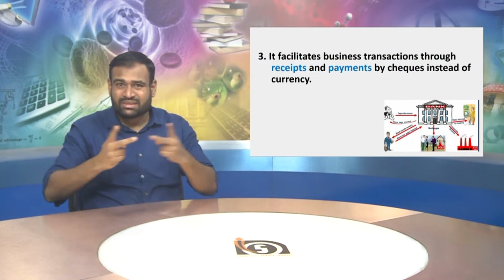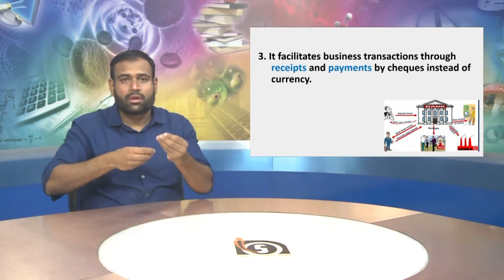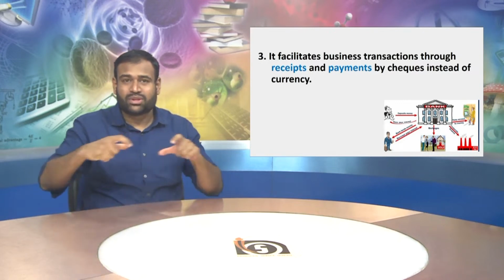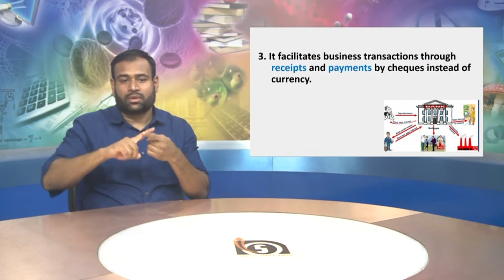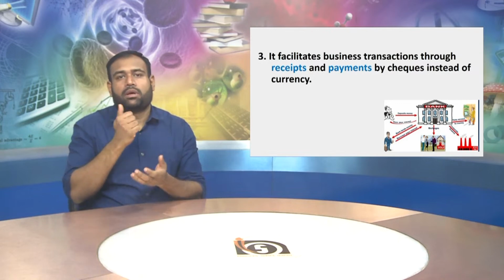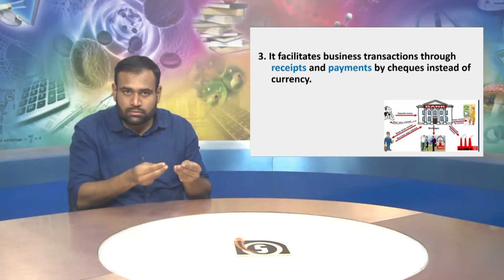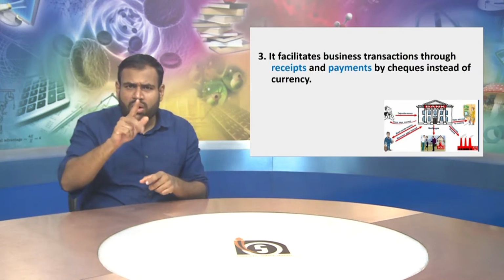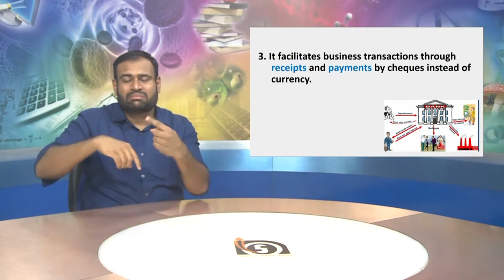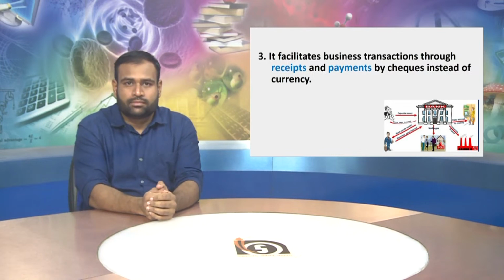Point number 3 explains that it facilitates business transactions through receipts and payments by checks instead of currency. In banks, the payments are transacted with the help of bank rules.